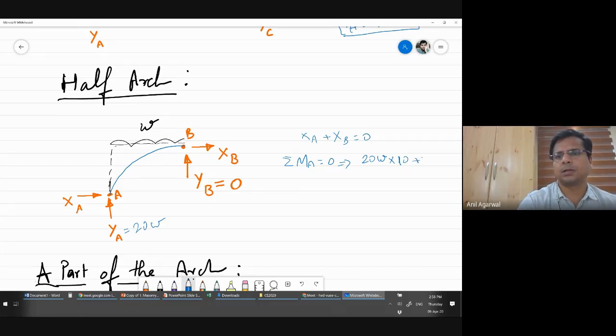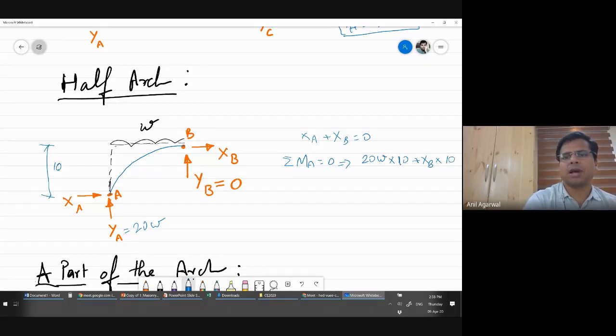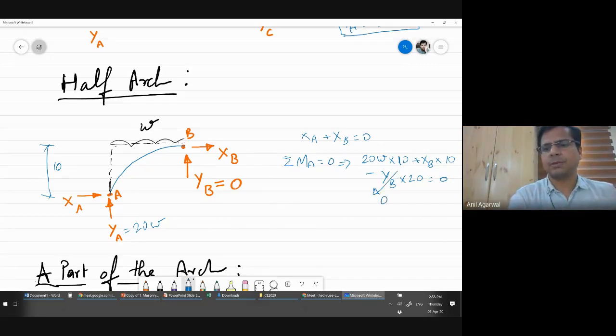plus XB multiplied by, what is that distance? It's 10 meters, right? XB multiplied by 10 minus YB multiplied by 20 is equal to 0. Now we know that YB is equal to 0 already. So that means my XB is equal to, how much will that be?